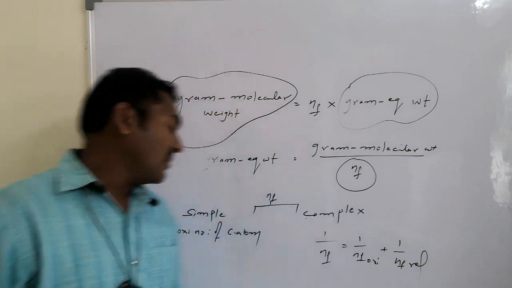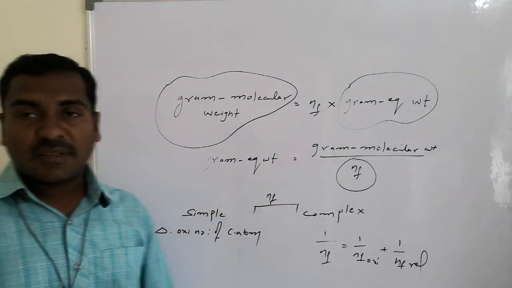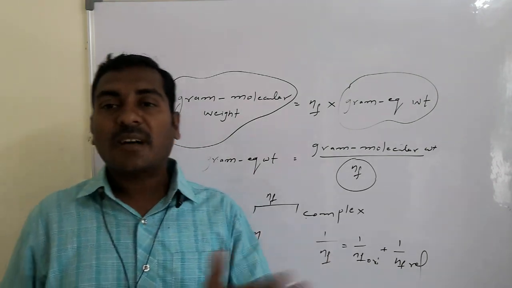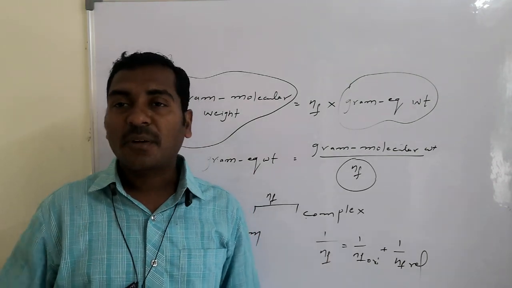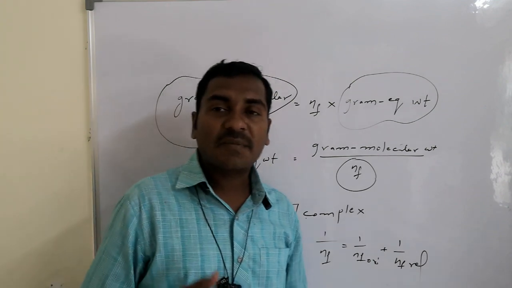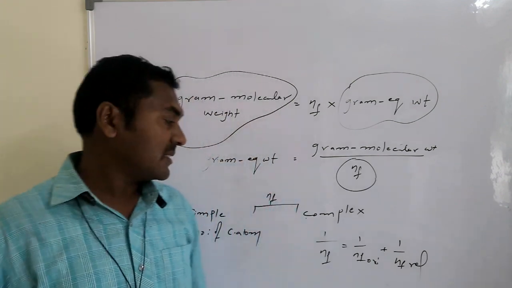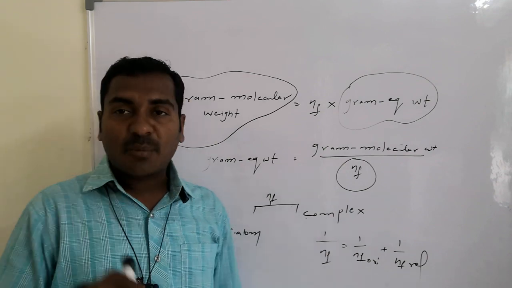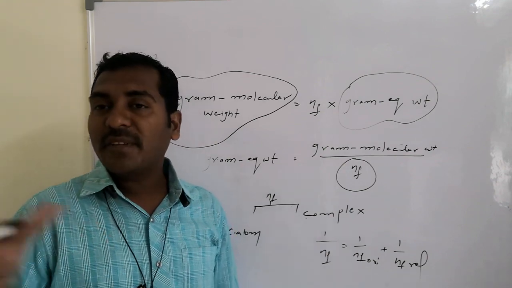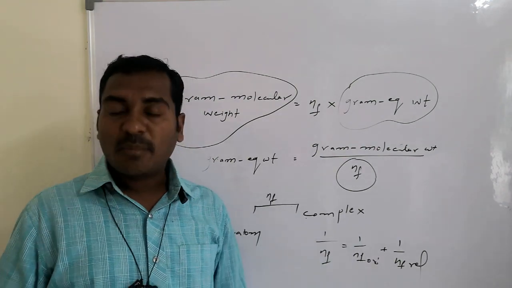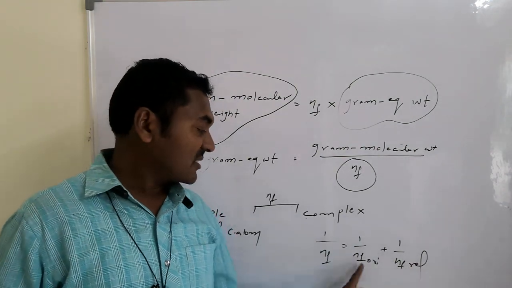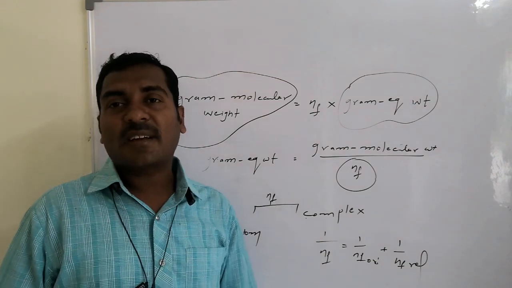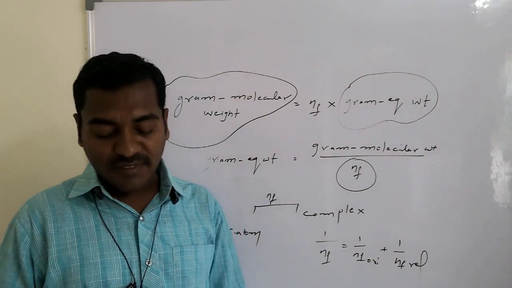N factor regularly will become equal to change in oxidation number in case of simple redox reactions. If it is a complex reaction, that is comproportionation or disproportionation, where both oxidations and reductions are occurring at once within the reaction, then this N factor calculation maintains a relation: 1 by N factor will become equal to individually 1 by N factor of oxidation plus 1 by N factor of reduction, and the reciprocal of this summation results in the N factor involved in the transformation. Thus the N factor value is calculated.